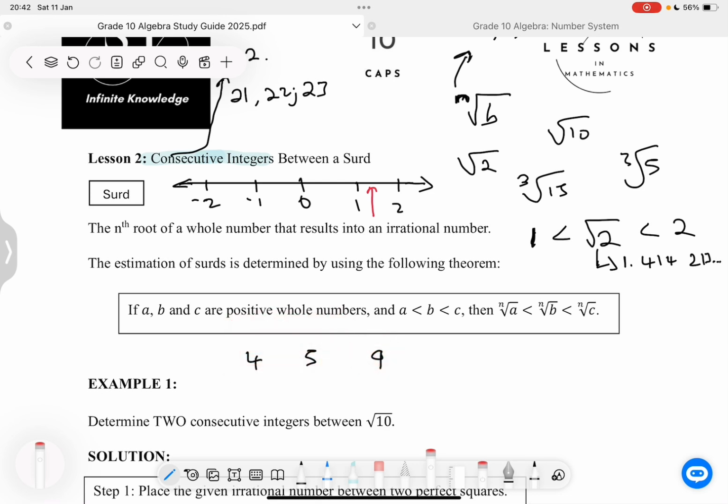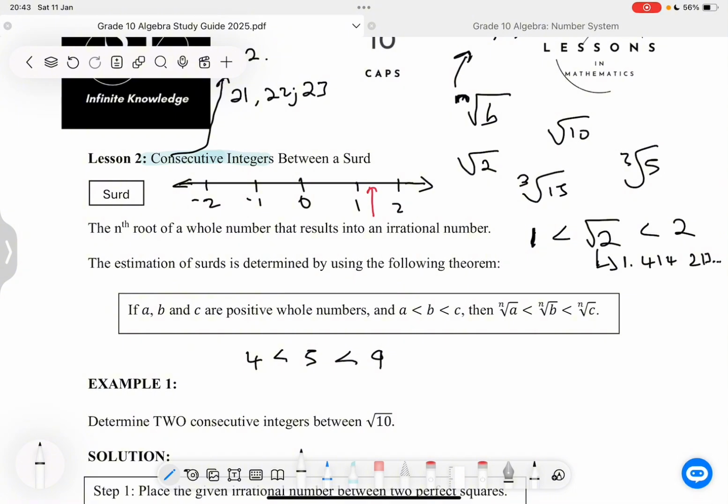If you need to revise what whole numbers are, please go to lesson 1, where we discuss these different number systems, right? Now, these numbers are not just positive whole numbers, but 4 is less than 5, and 5 is less than 9, right?